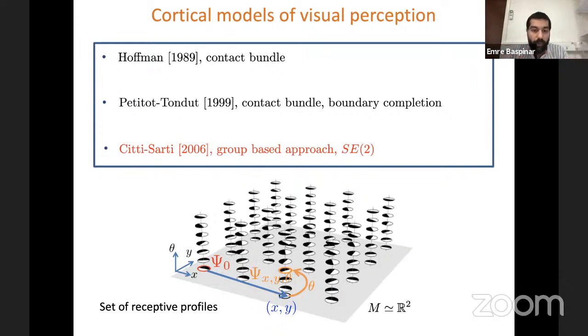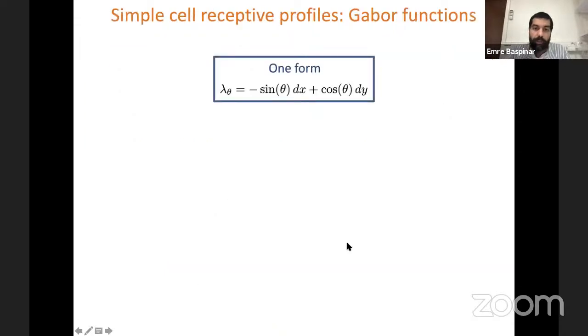So let me say a few more words about this geometrical setting and its relation to receptive profiles. So to each one of those receptive profiles in the set of receptive profiles, we can assign the following one form, which is represented by lambda, and which depends on the orientation angle parameter theta.